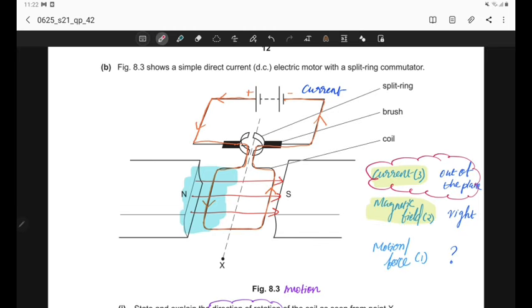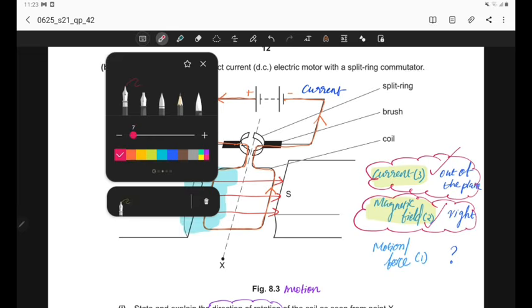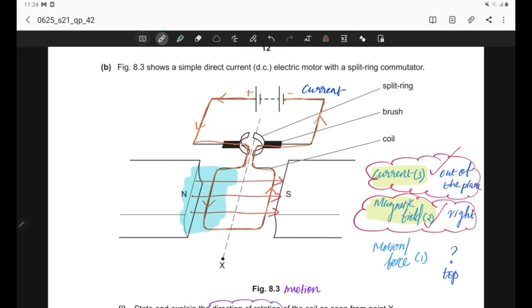By keeping that third finger out of the plane, now look at the second finger. The second finger should point towards right. Now look at the direction of the thumb. In which direction does the thumb point? If you keep your third and second finger correctly as discussed, your thumb will be pointing to the top. So when we are looking at the figure, we can understand this side of the coil will move upwards.